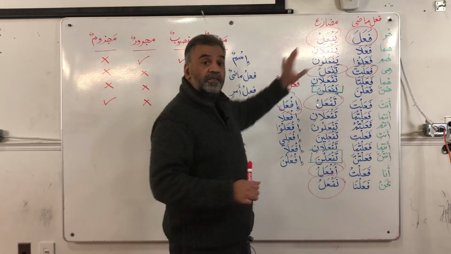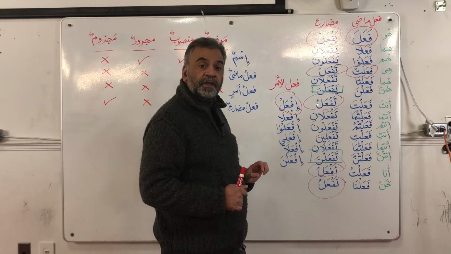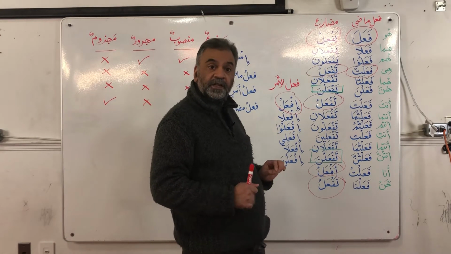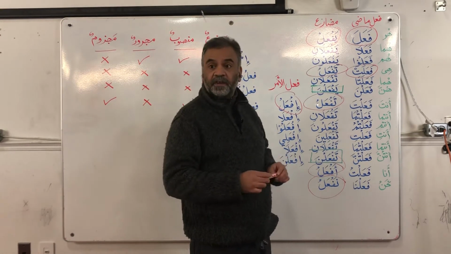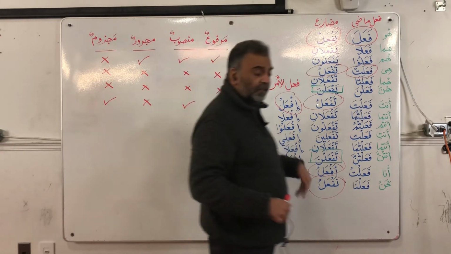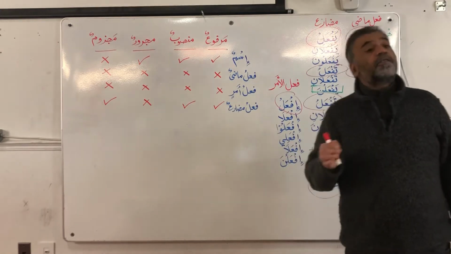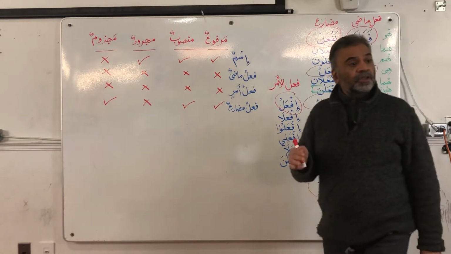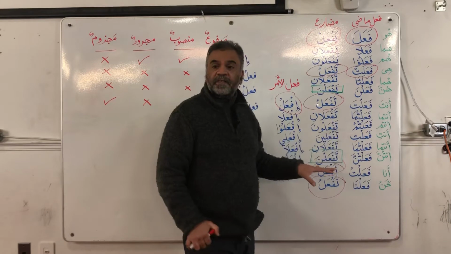So anything that is red circled, the fail is mustatir, taqdir, estimation, whatever it is representing. The rest of them, why is it important for us to memorize or understand this?